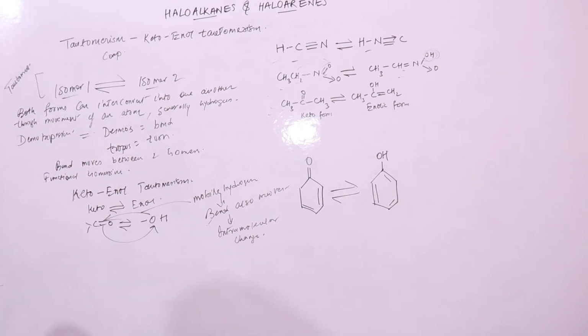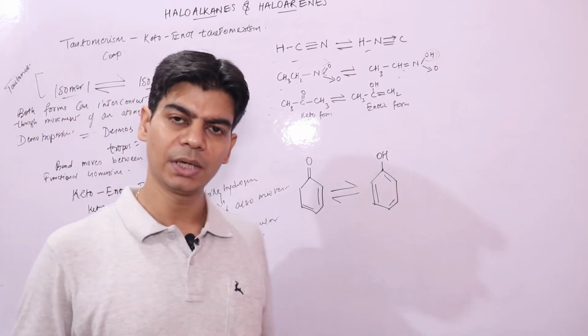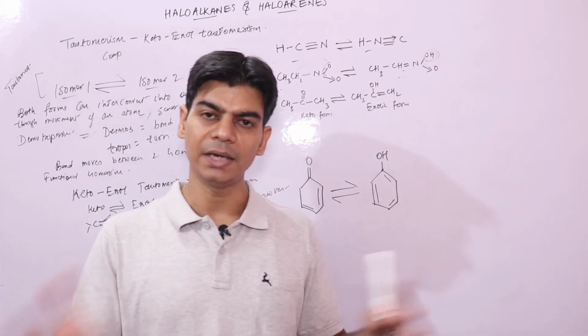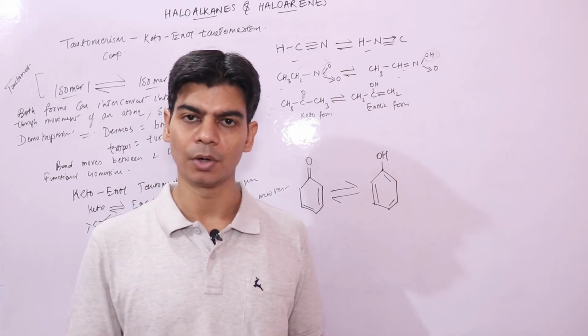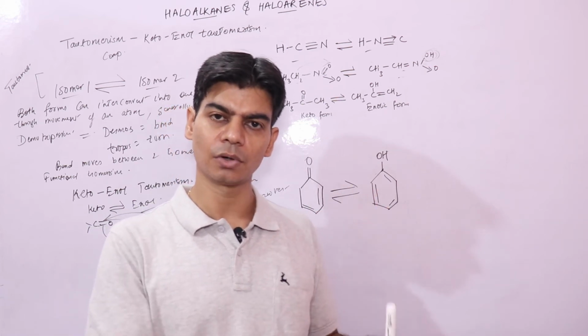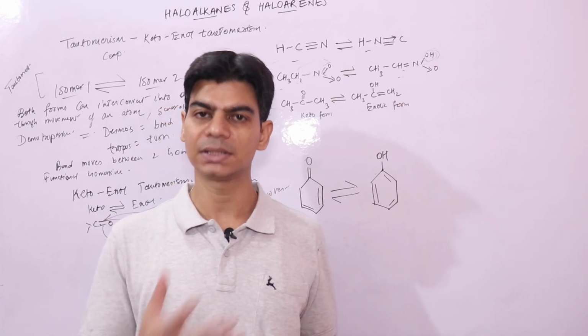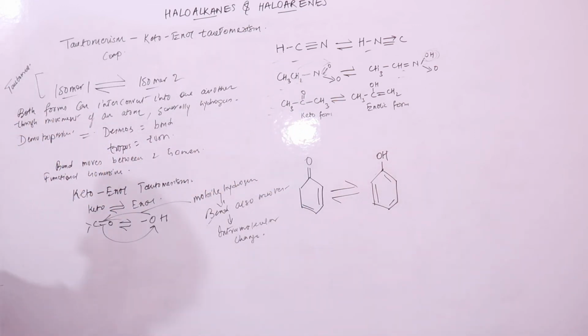So this is an important form of tautomerism, which is your keto-enol tautomerism, in which the isomeric forms, keto form and enol form, are in dynamic equilibrium with one another, and this equilibrium or the change of keto form into enol form and enol into keto form can be assisted or catalyzed by an acid or a base, right?